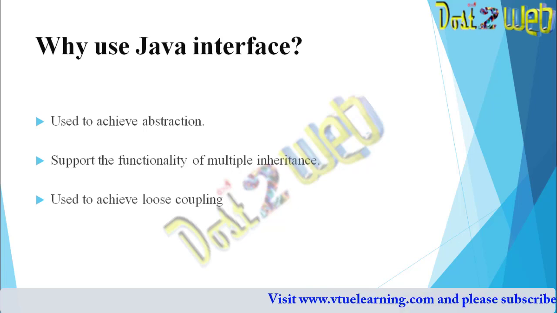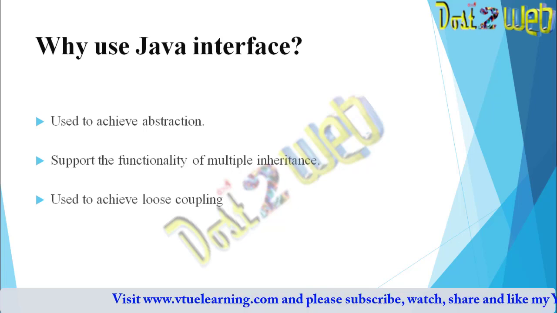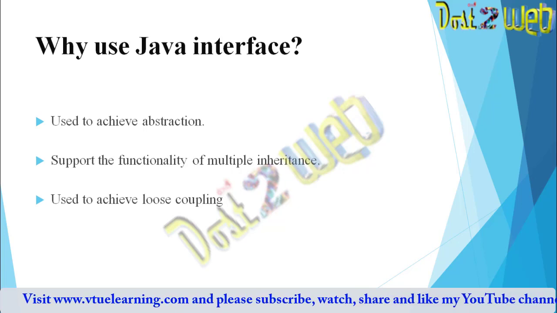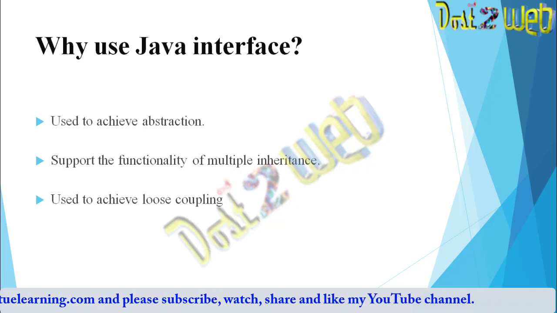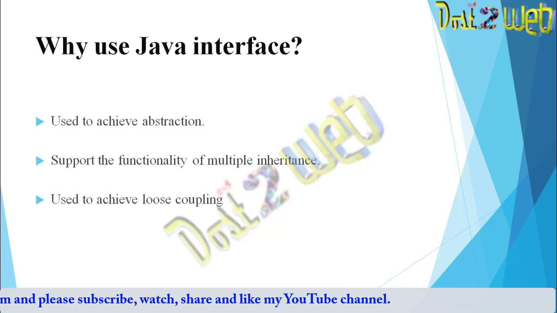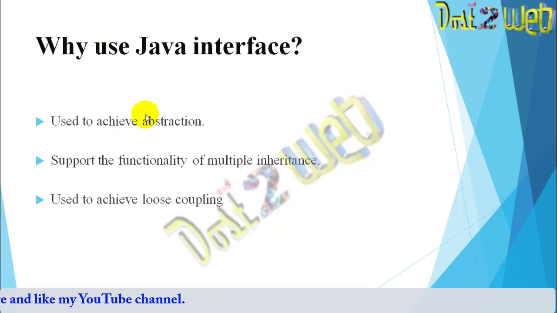Did you remember? It is the act of representing the essential features without hiding the background details. So abstraction is that you are going to represent the essential features. An interface is used for that purpose.